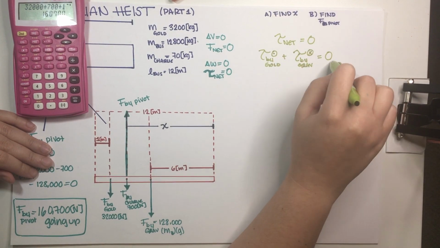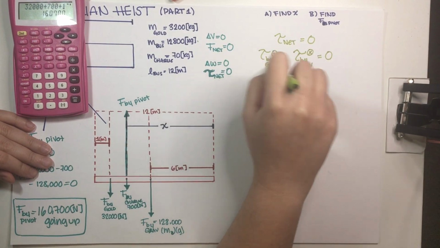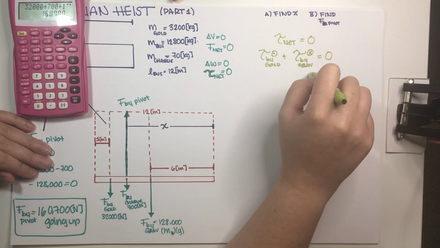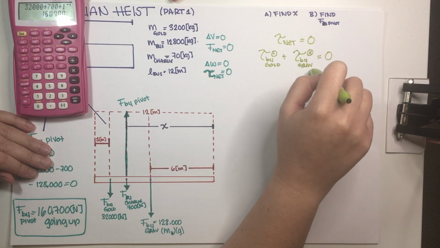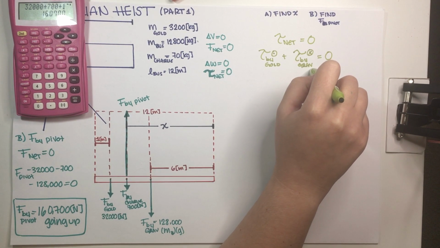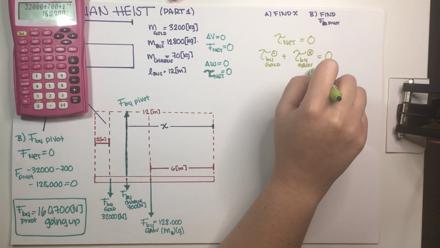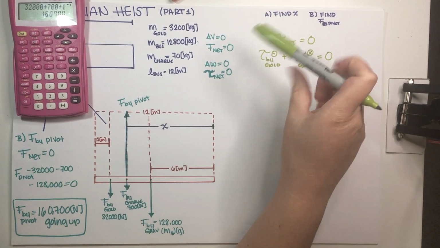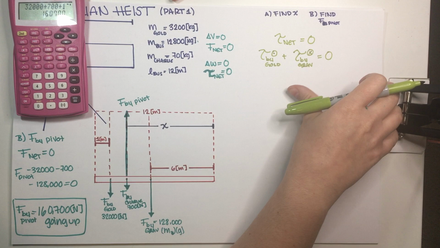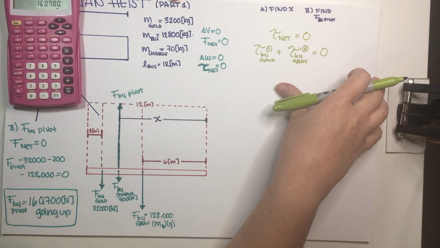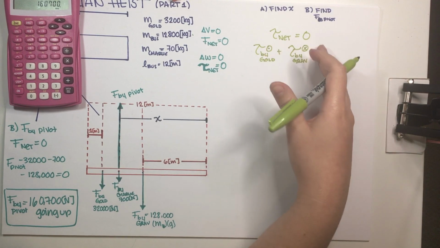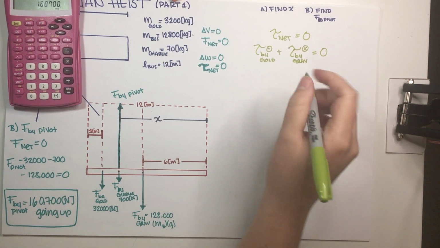Because they have to add up to 0 in order for it to stay put. So these 2 have to be opposite signs. Our usual convention is that out means positive, in means negative. I'm going to use that convention, but feel free to do it the other way around. Both of them are equal to 0, so if you flip both of them, you're still going to get the same answer.